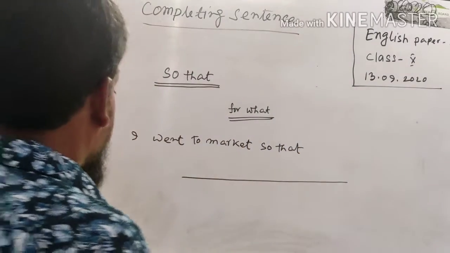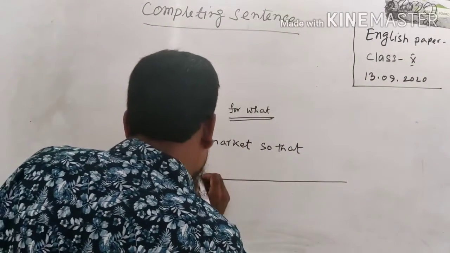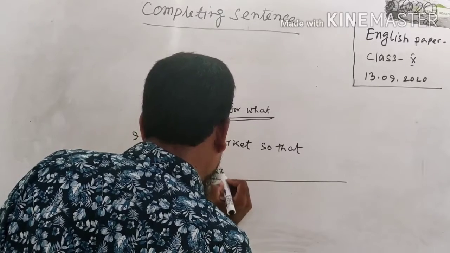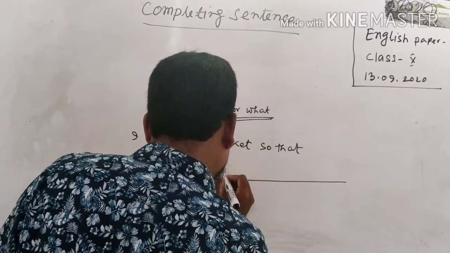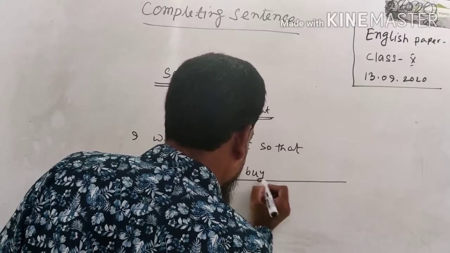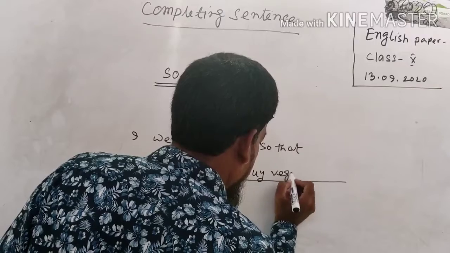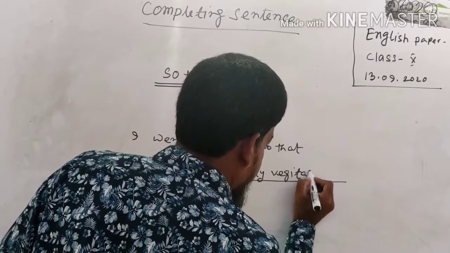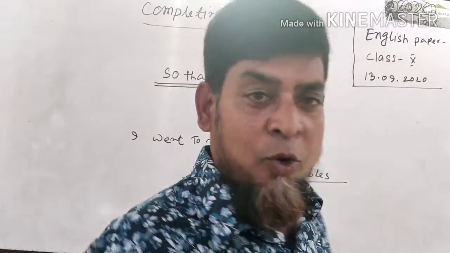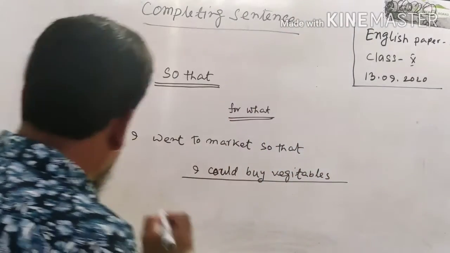The answer is: I went to market so that I could buy vegetables. I went to market so that I could buy vegetables.